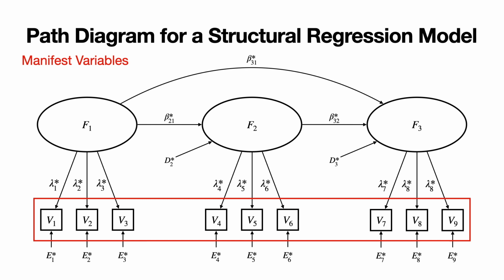And then finally, V7, V8, and V9 are directly impacted by F3, but because there are paths from F1 and F2 to those 3 manifest variables through F3, V7, V8, and V9 can also be impacted to a certain extent by F1 and F2.